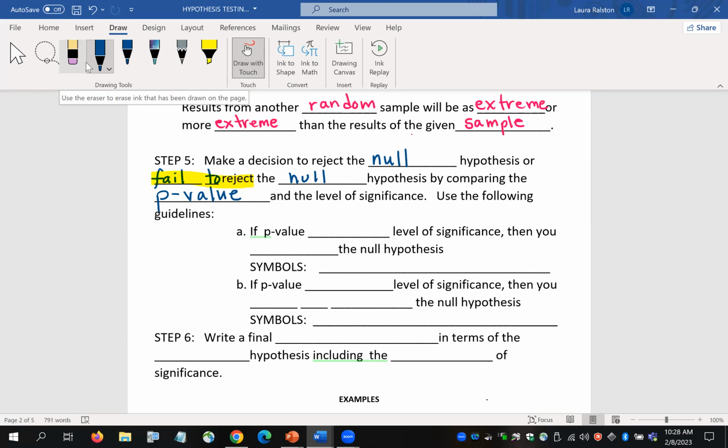So we never actually accept the null hypothesis as being 100% absolutely, totally true, accurate, or valid. It's just based on the evidence. This is what we can say.